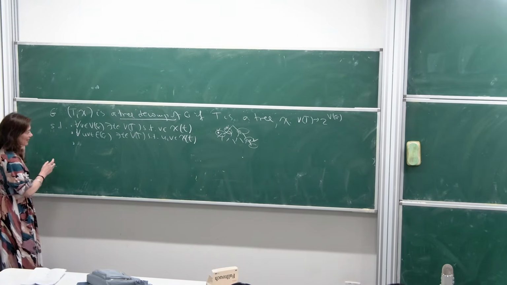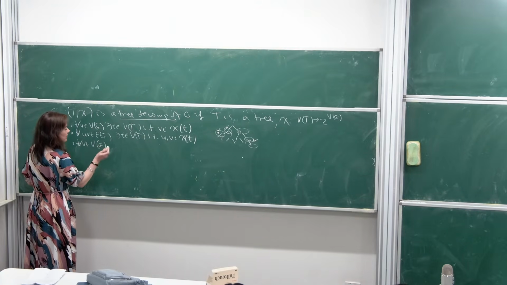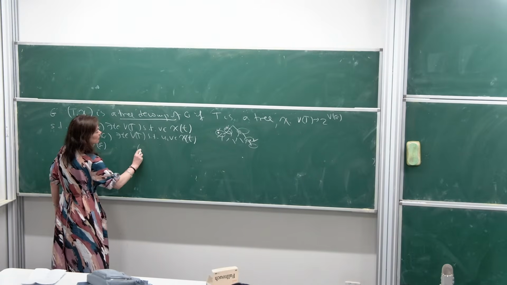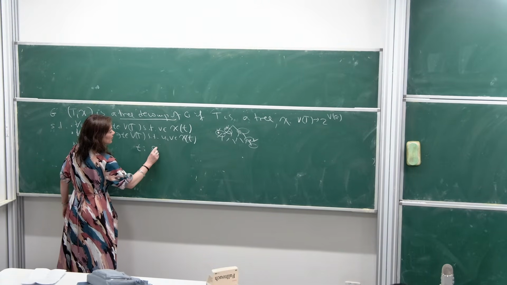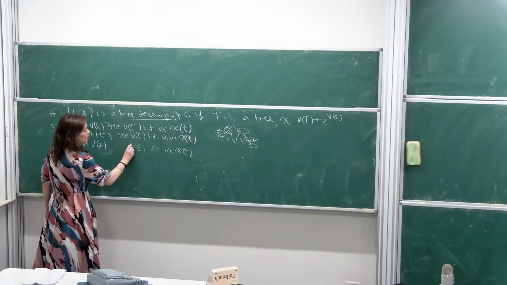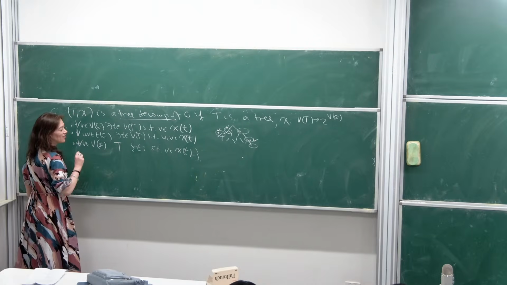So I'll write this down and I'll say it again. For every v in G, if I look at the bags that contain v, so the t such that v is in the bag of t, that's some subset of vertices of T. And then I look at the graph that T induces on this.